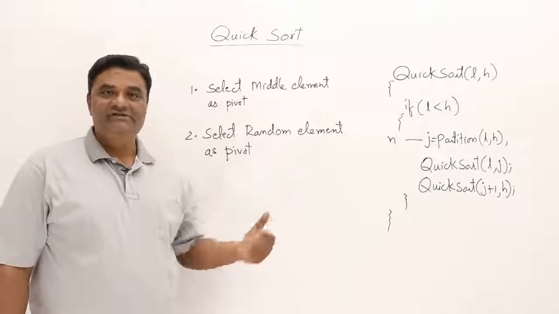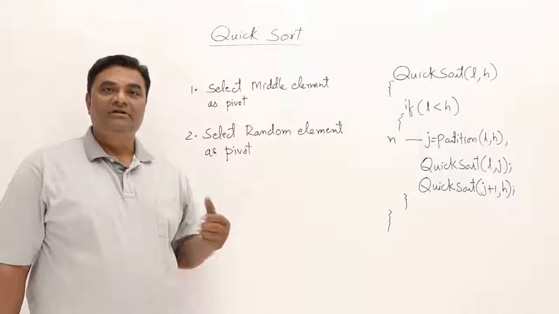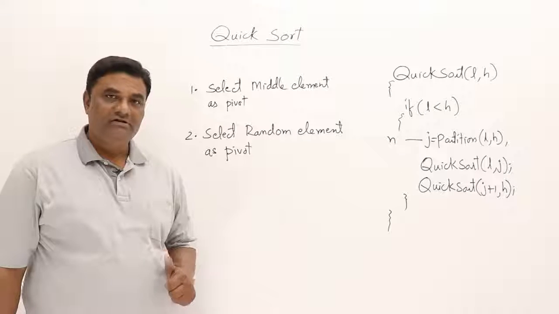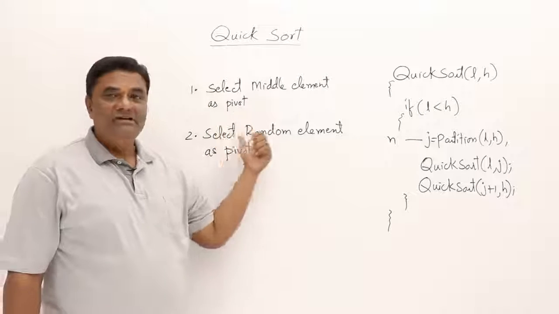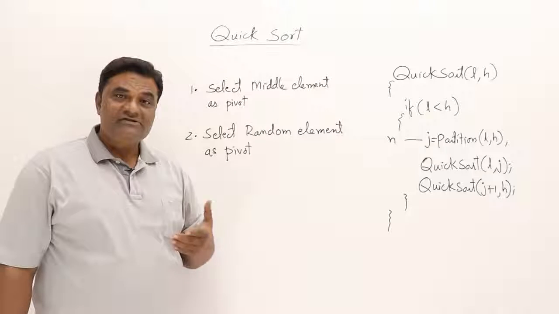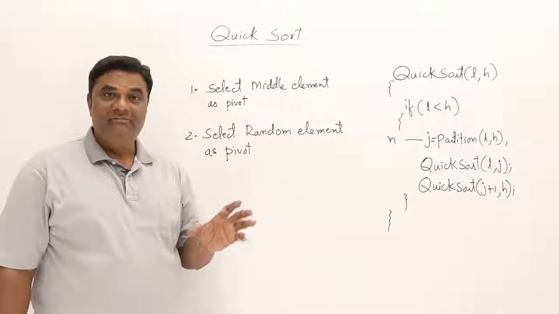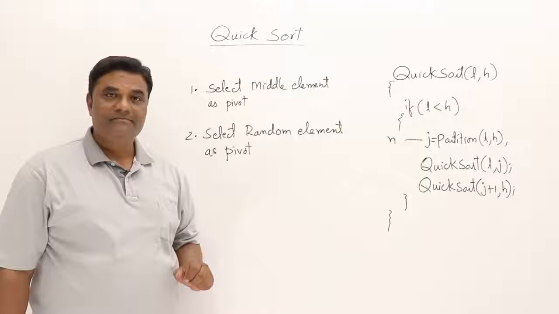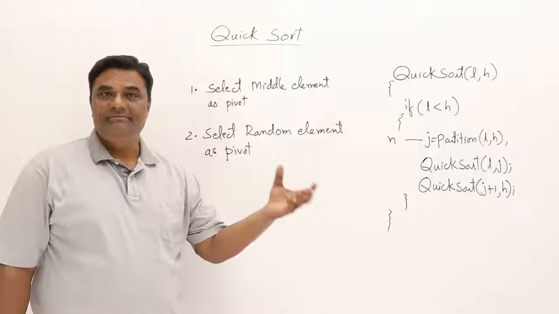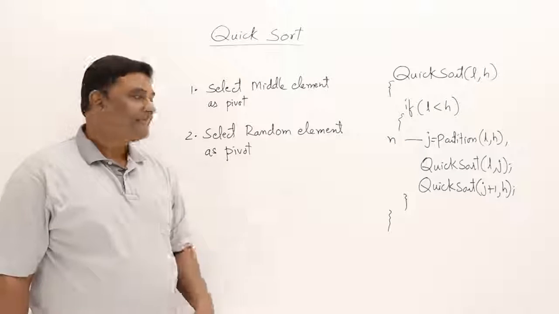There are two suggestions for improving, or removing, the worst case of quicksort. First, always select the middle element as pivot. So if the list is already sorted, it will become best case, that is n log n. But still the maximum time will be n square for some arrangement of elements.